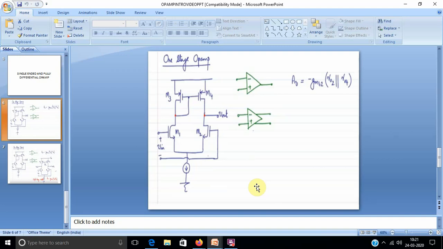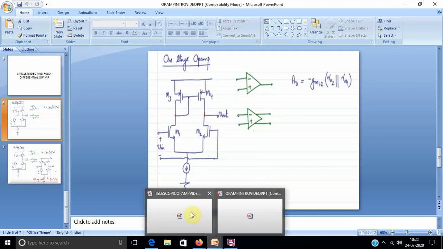Using this method we can increase the gain, by extending the structure by cascoding. So the single-ended opamp structure is extended to increase the gain, resulting in the telescopic opamp.